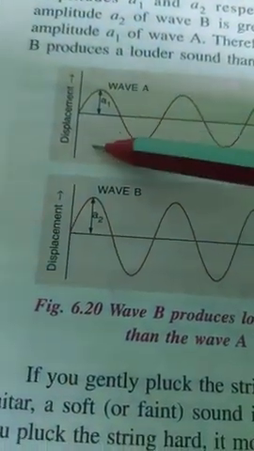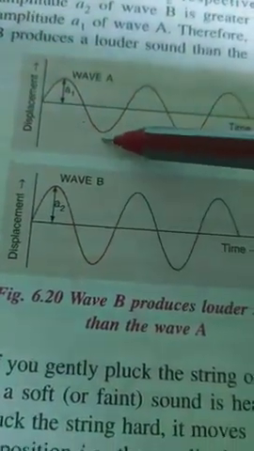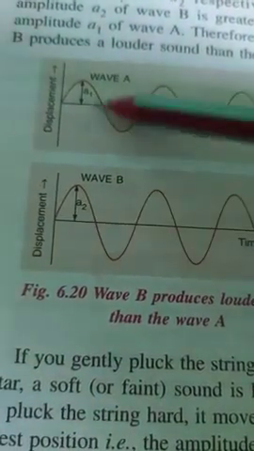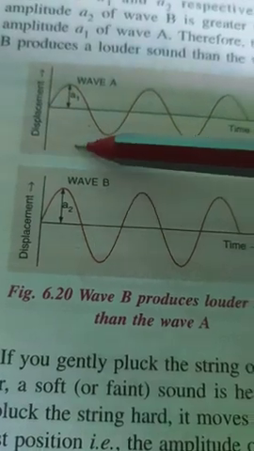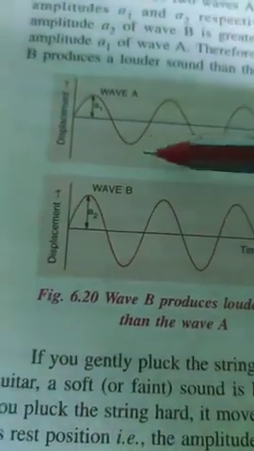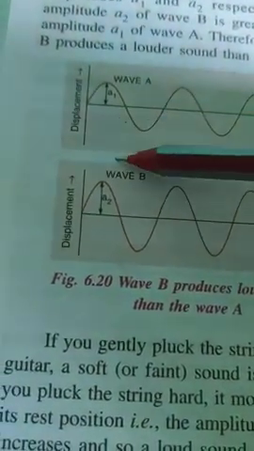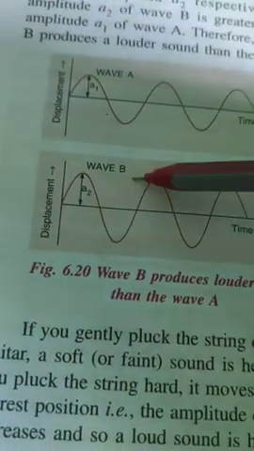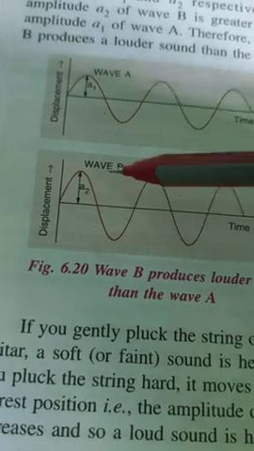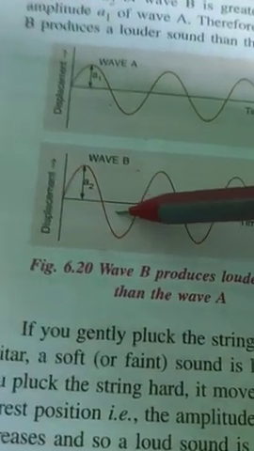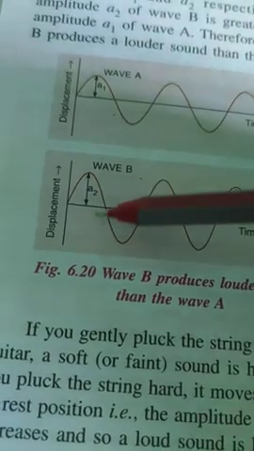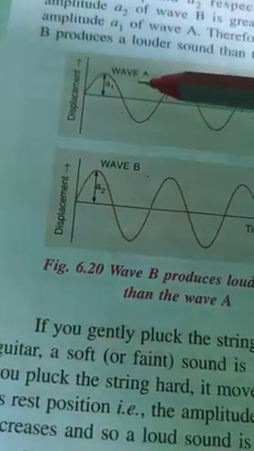In this figure A and B, you can see in figure A, A1 and A2 are mentioned as the amplitude. Therefore wave B produces a louder sound than wave A, because its amplitude is greater than wave A.